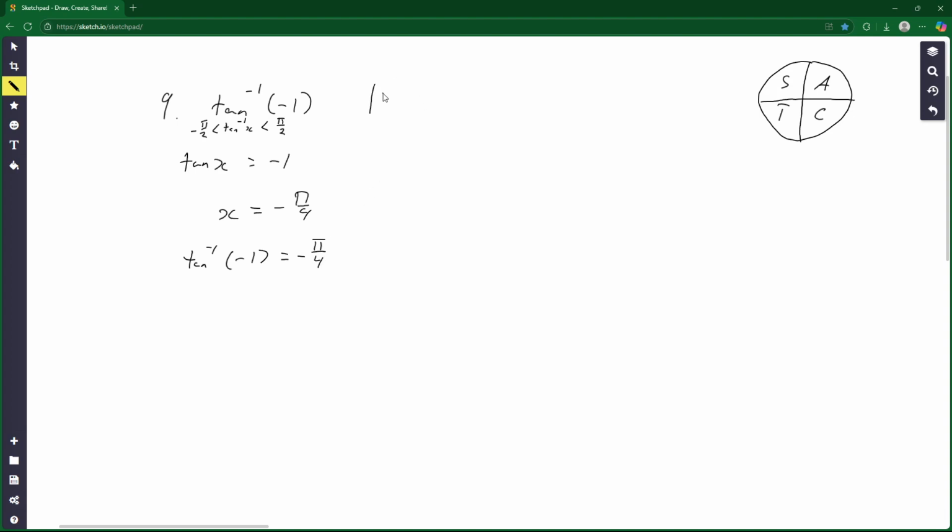Let's go ahead and look at number 10, where we have inverse sine of root 3 over 2. Our parameters for this is negative pi over 2, greater than or equal to x.